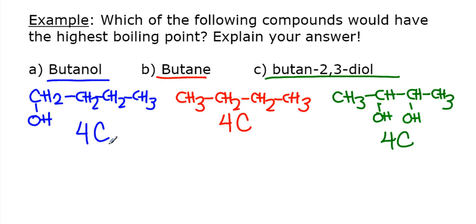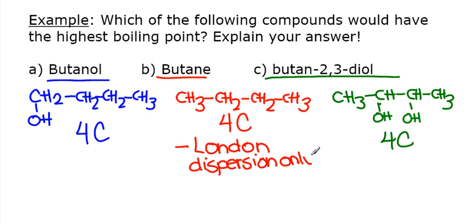So when we look at all of these 3, the easiest one to start off with is butane. There's only carbon atoms and only hydrogen atoms. So in this particular molecule, the only type of dispersion force you have is London dispersion. Why London dispersion? This is pretty much a non-polar molecule.